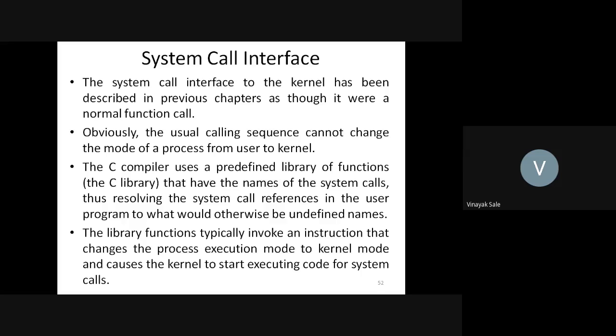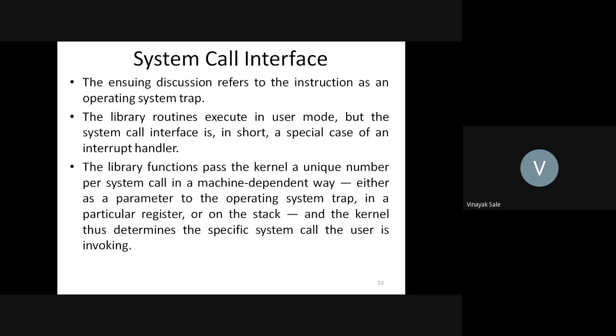Then library functions typically involve an instruction that changes the process execution mode to kernel mode and causes the kernel to start executing code for the system call. So the ensuing discussion refers to this instruction as an operating system trap.